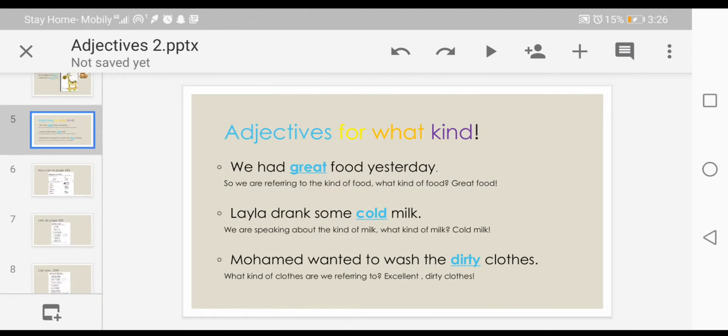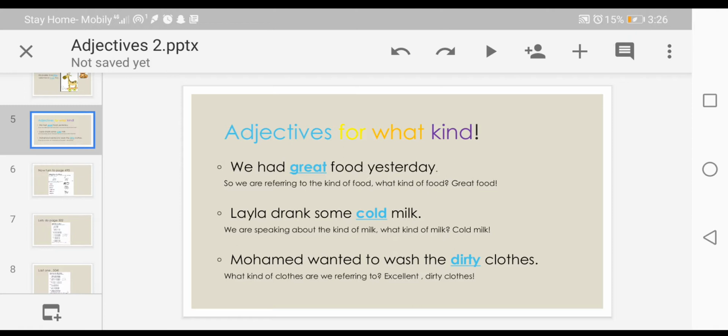Now, we will talk about adjectives for what kind. We will specify the kind, the type, okay? See, we had great food yesterday.